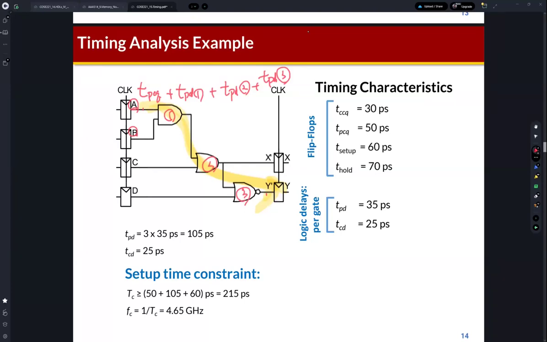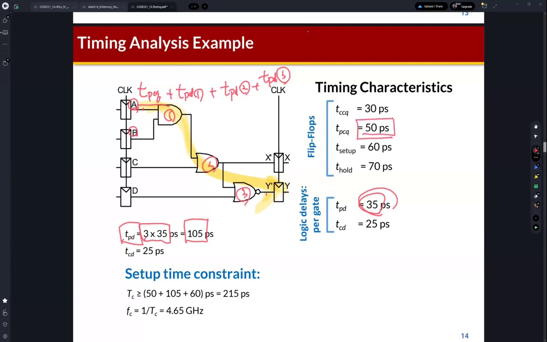Well, we can calculate. TPD1 plus TPD2 plus TPD3 is 35 multiplied by 3, so it's 105 picoseconds. And TPCQ is 50 picoseconds.